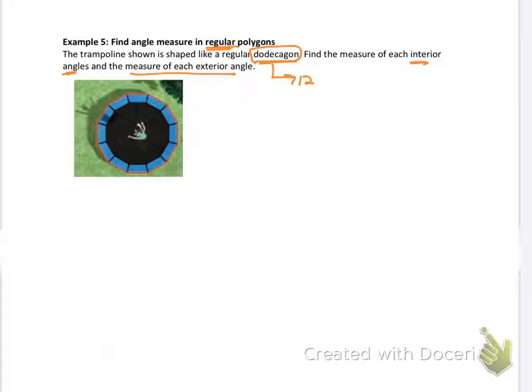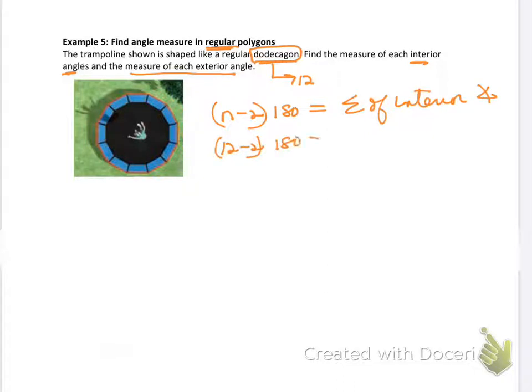Oh, well, that's interesting. Well, if it's a dodecagon, I know that n-2 times 180 will give me the sum of the interior angles. Okay, so if n is 12, it's going to be 12 minus 2 times 180, which is going to be 10 times 180, which is going to be 1800.